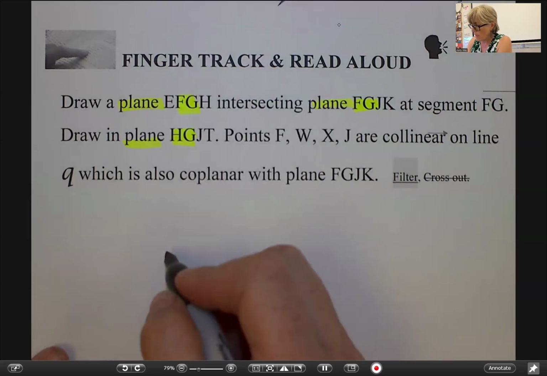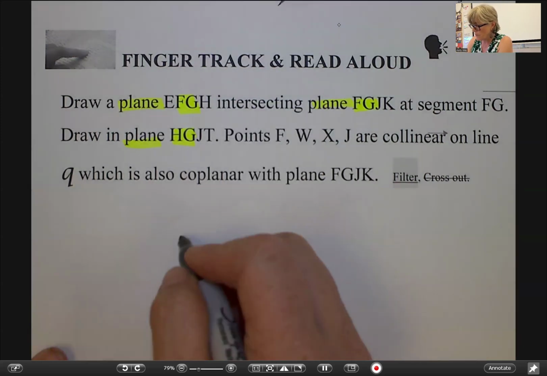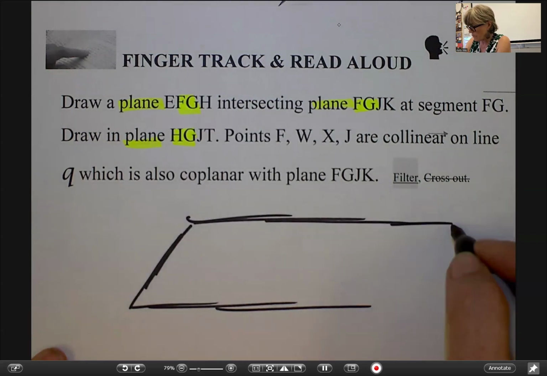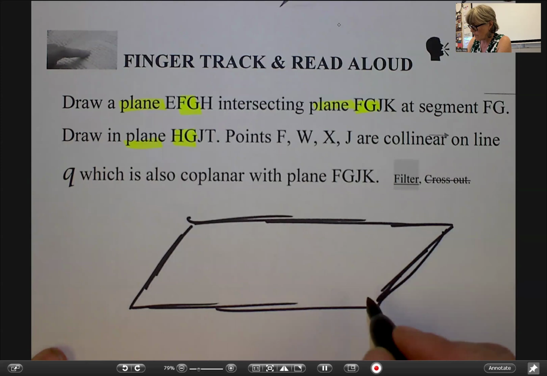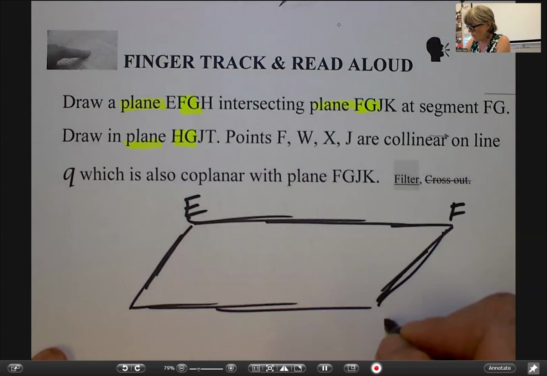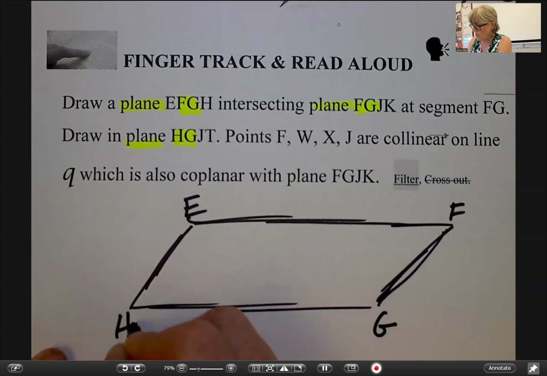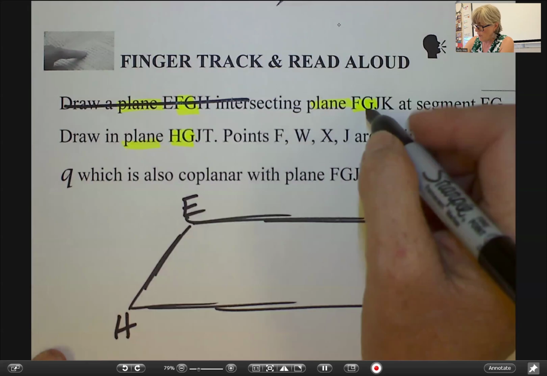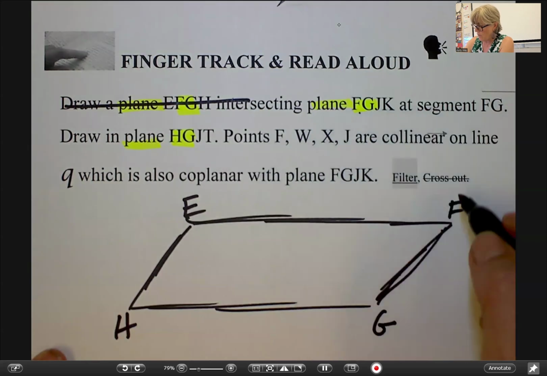So I'm going to start EFGH. There's our plane. Cross it out. Now we have FGJK.